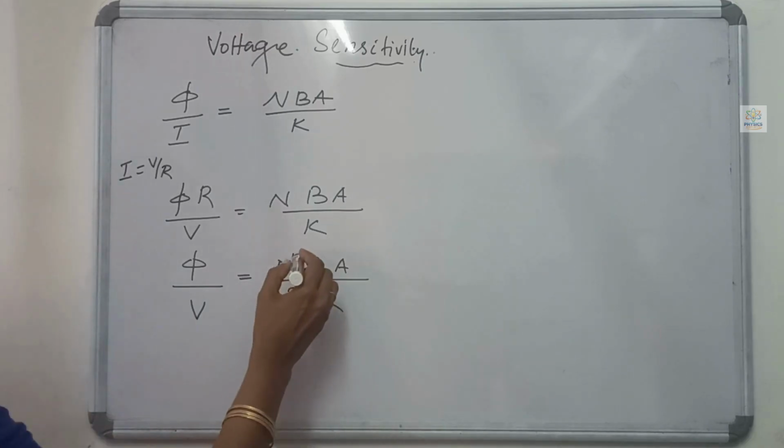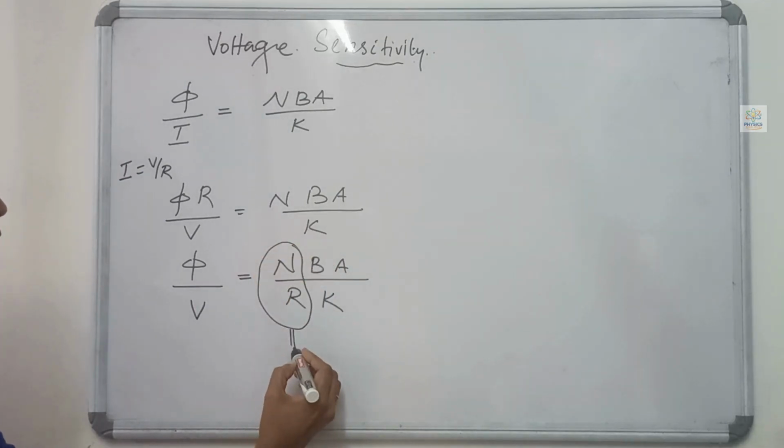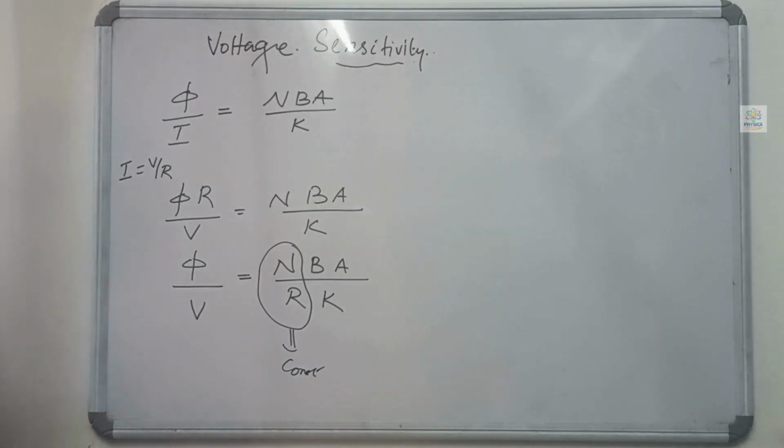At the same time, this factor N by R always remains constant. The reason is, when we increase the number of turns, the resistance of the conductor also increases, so that N by R always remains constant.